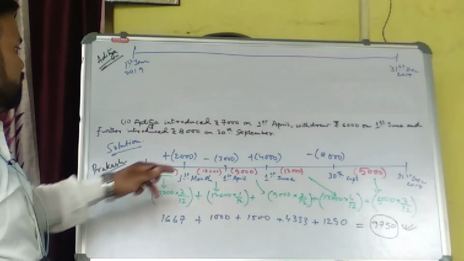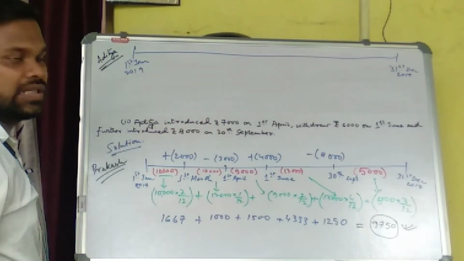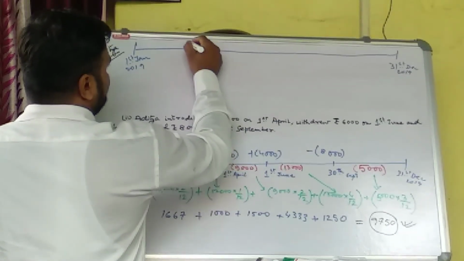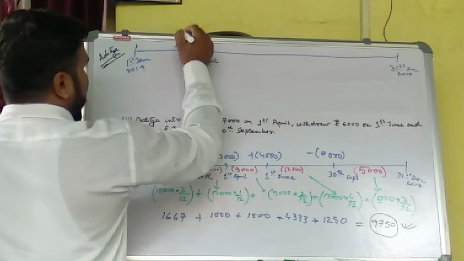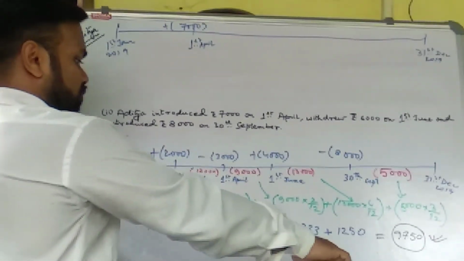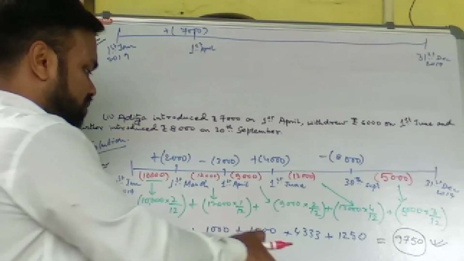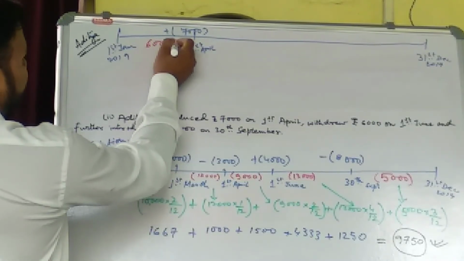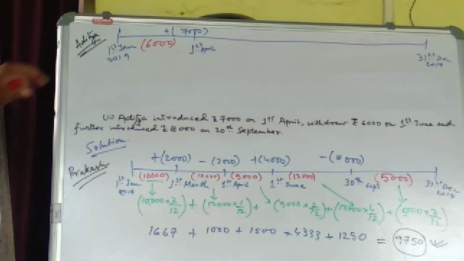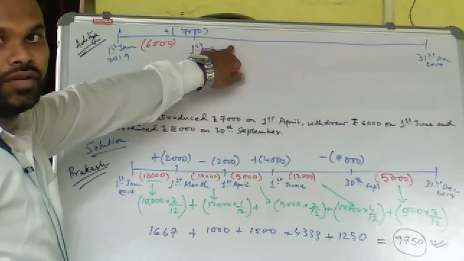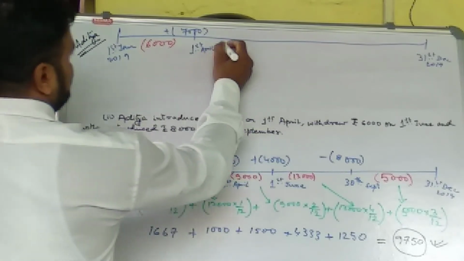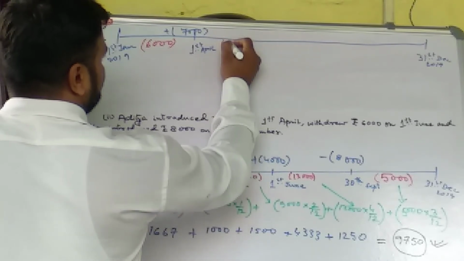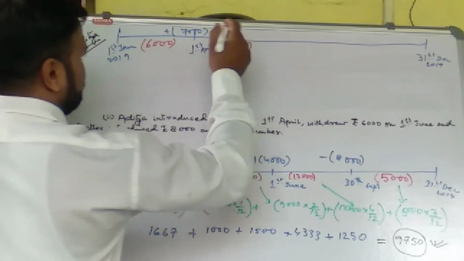According to the question, he introduced 7,000 on 1st April. The capital he brought in was 6,000. So after 1st April, what is the new capital? 13,000. Right?